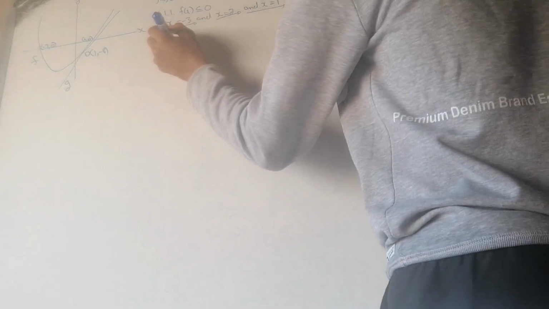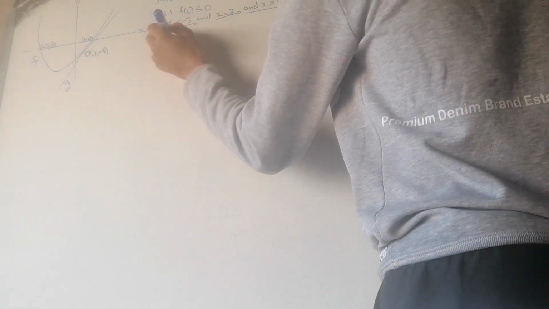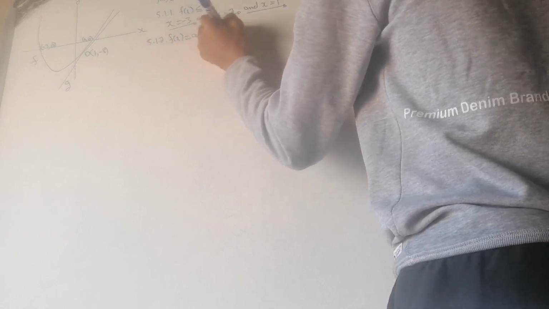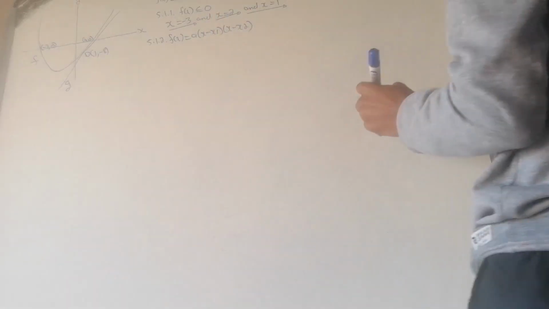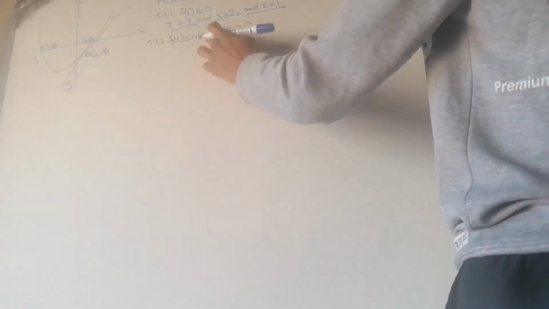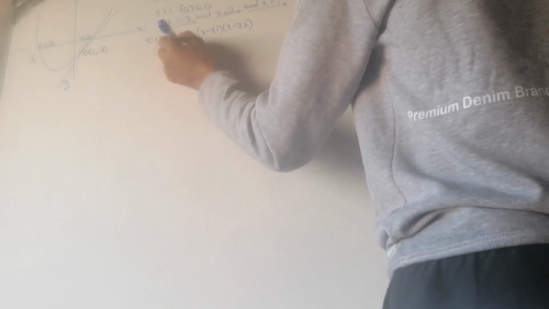I use the equation f(x) equals a into (x minus x1)(x minus x2). You use this equation when you are given the y-intercept and the x-intercepts, where x1 and x2 are your x-intercepts, and x and y are the coordinates of your other point. y is -8, x is 1.